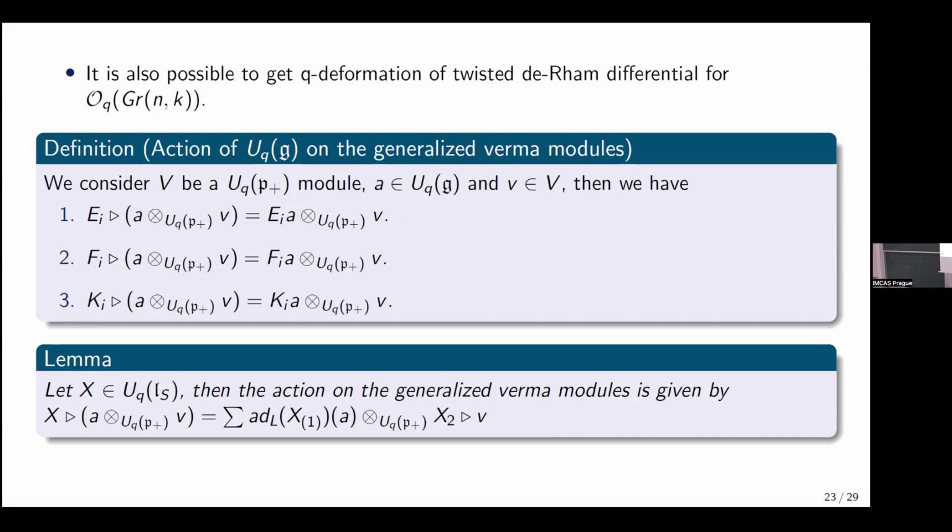So it acts from the left and it generates your whole module picture. Anyway, the question remains if the differential is linear and corresponding to the action. Yeah, it is linear. It is linear.